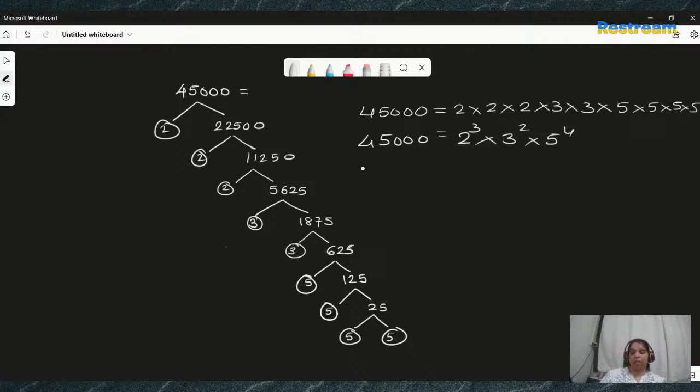Now the next one that we are going to do is squares and cubes, and understand what it exactly means. Okay, so when we say square of a number, it means the number is multiplied with itself. So it is 6 times 6 is equal to 36. This one looks like the area of a square.